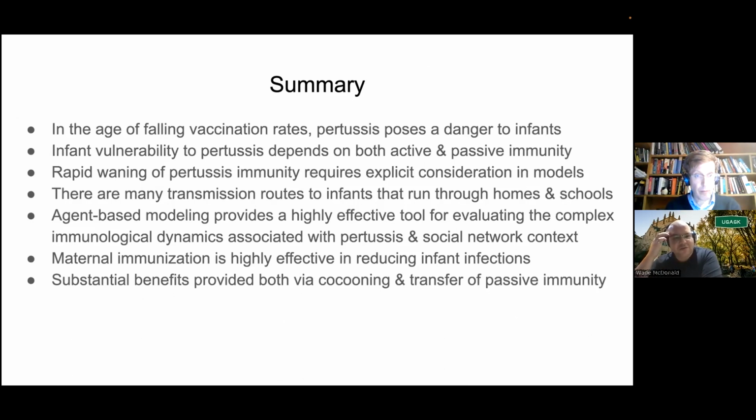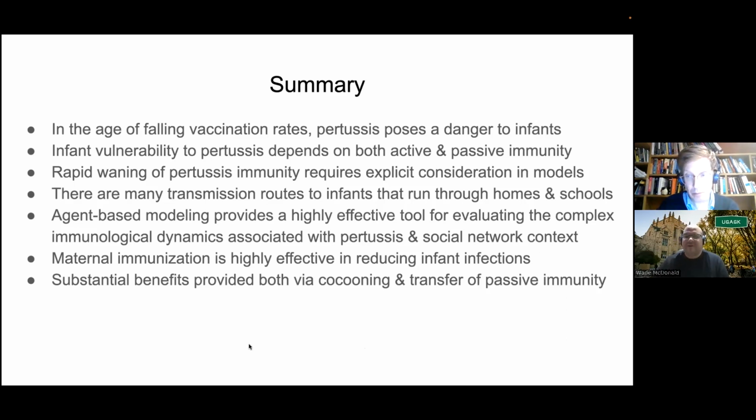In the age of falling vaccination rates, pertussis poses a danger to infants. Infant vulnerability to pertussis depends on both active and passive immunity. Rapid waning of pertussis immunity requires explicit consideration in models. There are many transmission routes to infants through homes, schools, and contacts with adults in their life and other children.